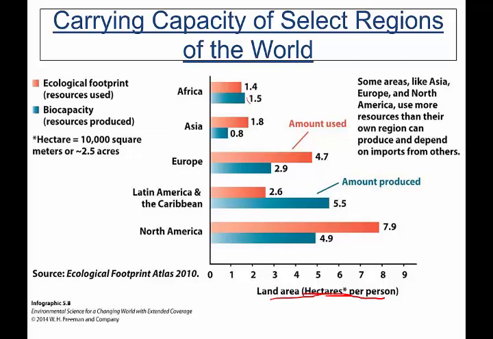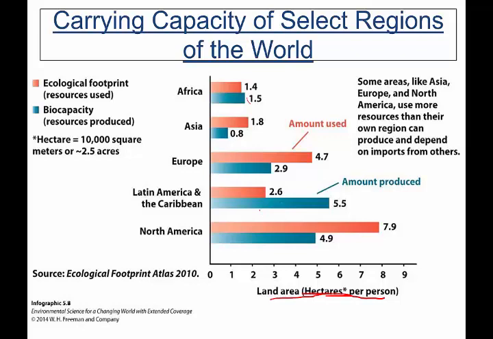So if we look at this graph, who uses more resources than they have? Simply look at where the blue is less than the orange. Asia is one example, Europe, and North America. On the other hand, you can see that Africa and Latin America and the Caribbean use fewer resources than they have.